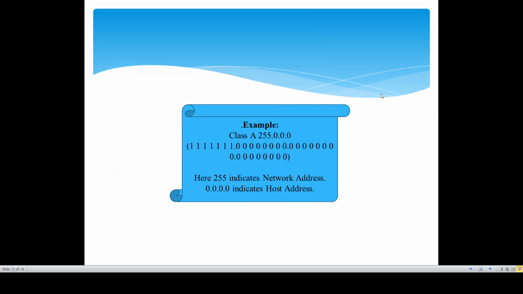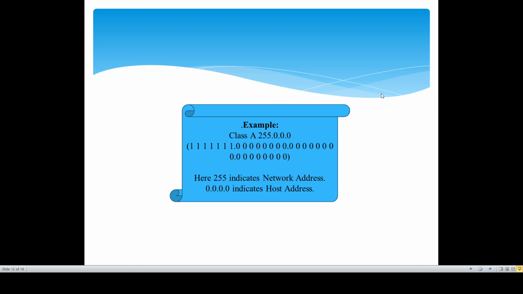So here is an example, a class A. Class A's subnet mask will be 255.0.0.0. That means 255 means 8 ones will be given here, it is on, and the balance will be zeros.